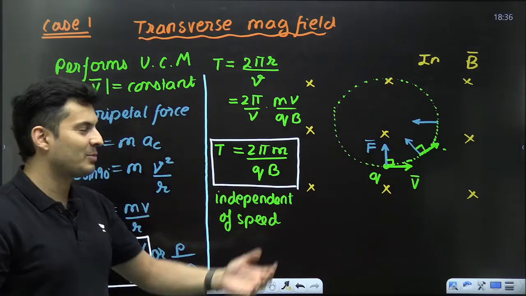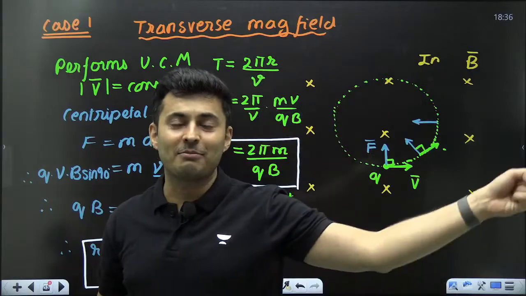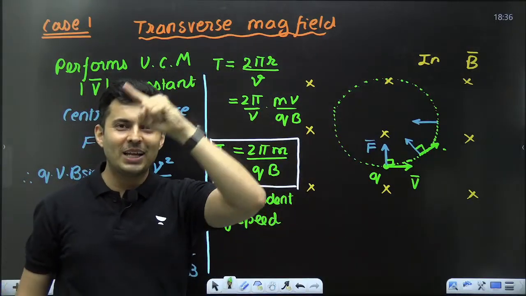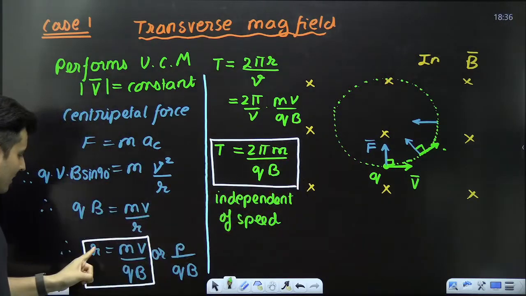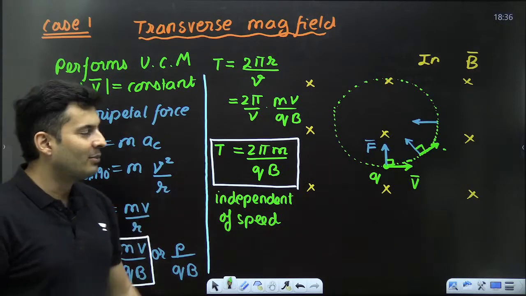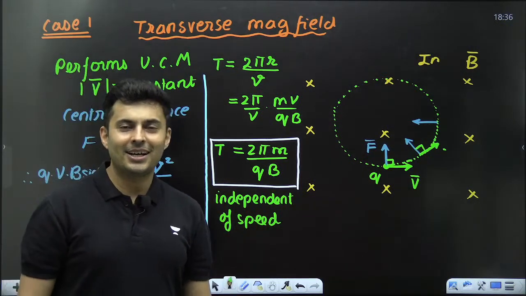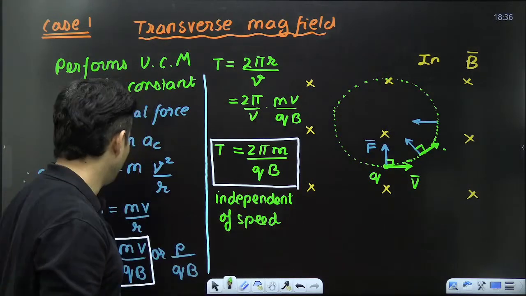Even if you throw it very hard, it will still take the same time. It might go in a big radius, but it will still take the same time to complete the circular motion. If you throw it very fast, the radius will be higher, but the time will be the same. That's the interesting part about this. Is that right? Everyone with me? Awesome. Keep these formulas in mind.